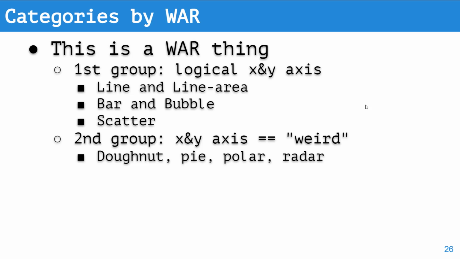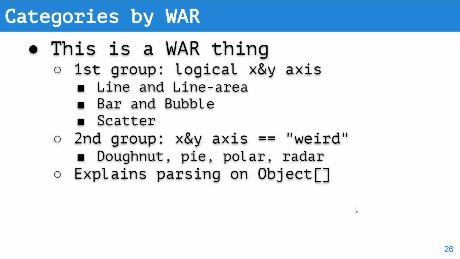And so there's a different way of saying, I put the data over here. It explains the parsing on an object. Usually if it's a basic chart, you don't have to parse anything. It's really where you get into what you're going to feed the chart: instead of 2 arrays or a single non-nested object, you're going to send it an array of objects.